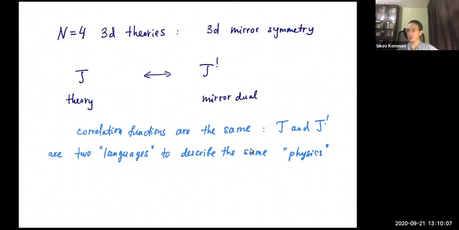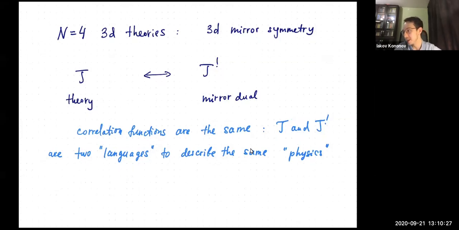So a class of quantum field theories called N=4 three-dimensional theories has been attracting growing attention recently. And one of the most important features of such theories is three-dimensional mirror symmetry.